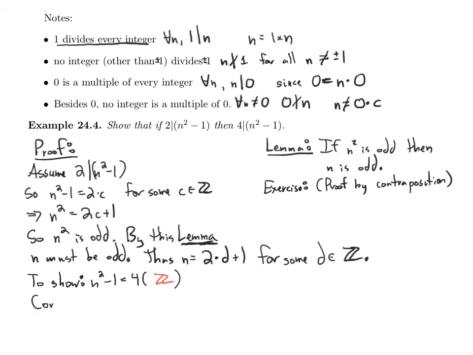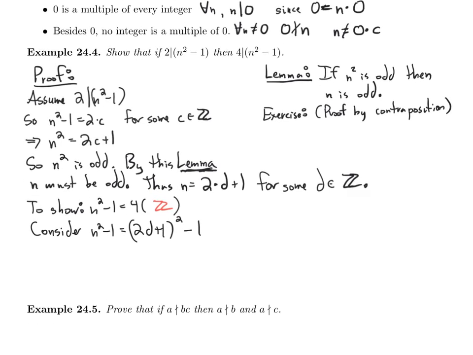So let's consider n squared minus 1. But we know n is 2d plus 1. So it's 2d plus 1 squared minus 1. And if we expand that out, which I'll leave for you guys to check, I'll just write down what it is. We get 4d squared plus 4d plus 1 minus 1, which simplifies to 4d squared plus 4d.